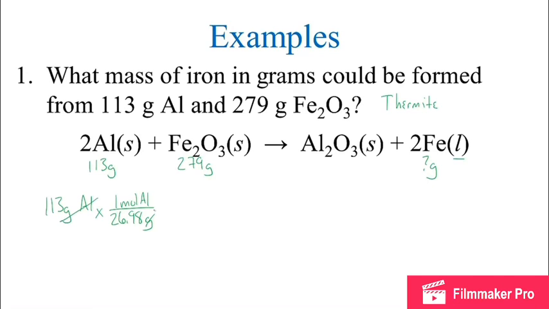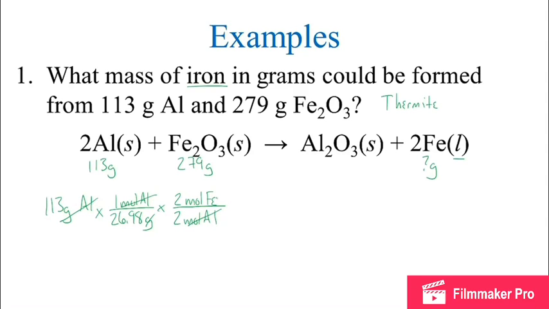So I get rid of my grams of aluminum. Okay, well, I'm trying to relate moles of aluminum into iron. So for every 2 moles of aluminum, I produce 2 moles of iron. So moles of aluminum are on top here, so I've got to put moles of aluminum on the bottom in order for it to cancel. So 2 moles of aluminum produces 2 moles of iron.